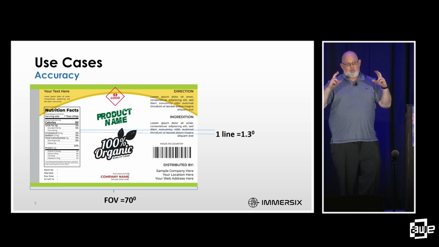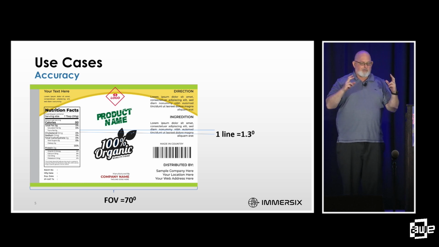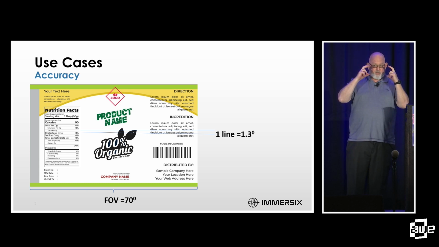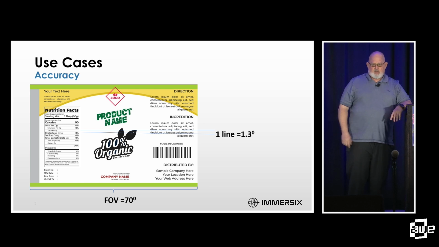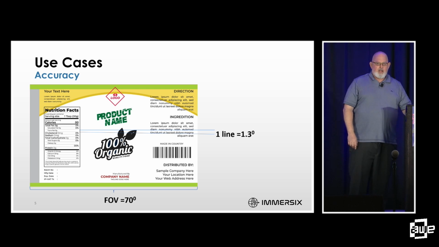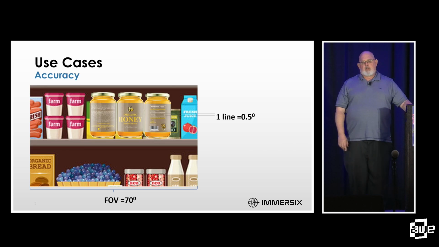If somebody were to take whatever product and put this close to their eyes, they would probably not need any XR device, right? Because they're seeing it. But even at this distance, you can see that a single line there is about, depending on the field of view and device, but in this case, it's a little more than 1 degree. But if you look at it in more realistic terms, then yeah, much less.